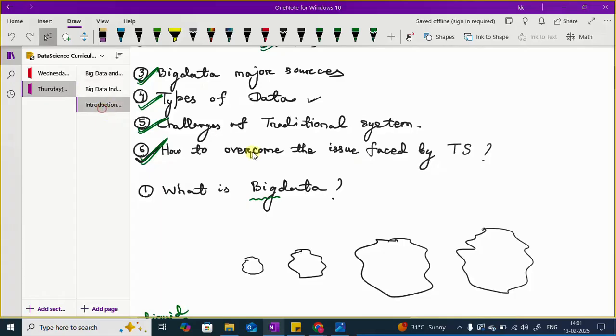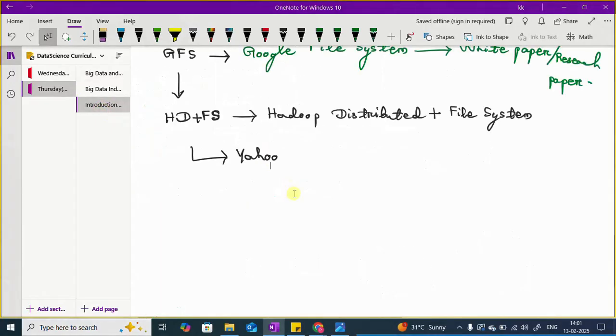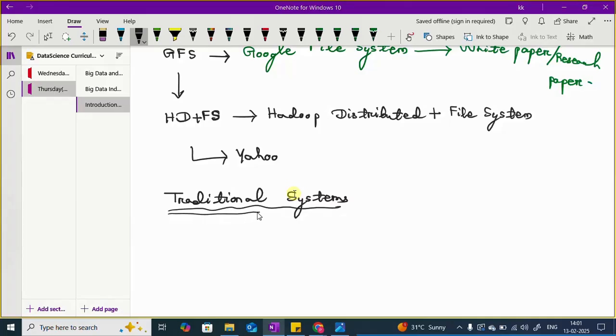Problem statement. The first problem statement is with the traditional system. What do you mean by traditional system? The storage database. It may be anything else. Let's say RDBMS and all. Let me write it down also. For example, any RDBMS, relational database management system.